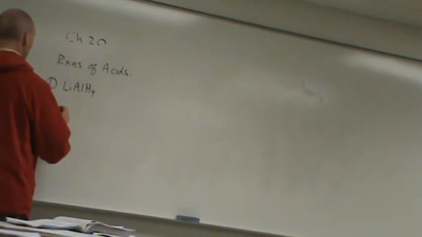What did lithium aluminum hydride do to a ketone or an aldehyde? Reduce to an alcohol. Very good. What do you think it's going to do to the acid? The same thing. Reduce it to an alcohol. Okay. So let's take a look at an example.